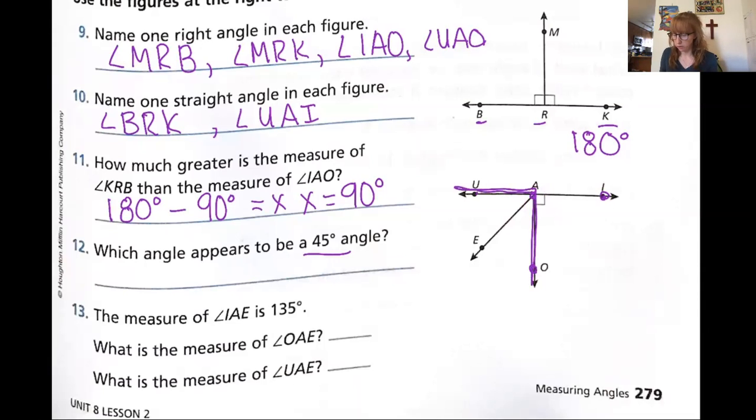Okay, angle UAO is cut in half by ray AE. So it could be one of 2 angles, angle UAE or angle EAO.